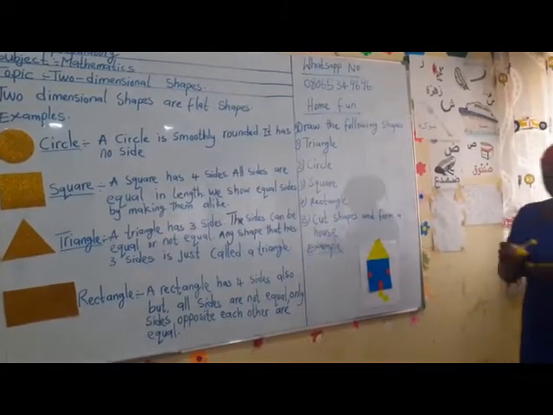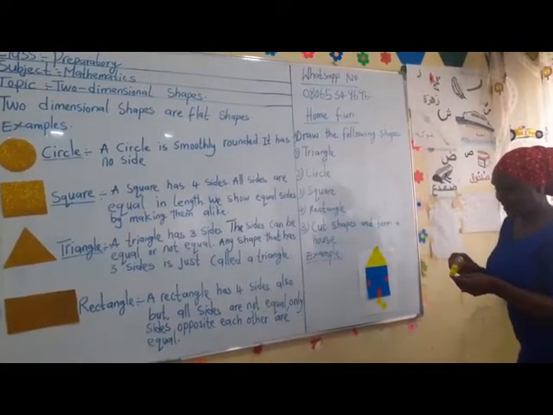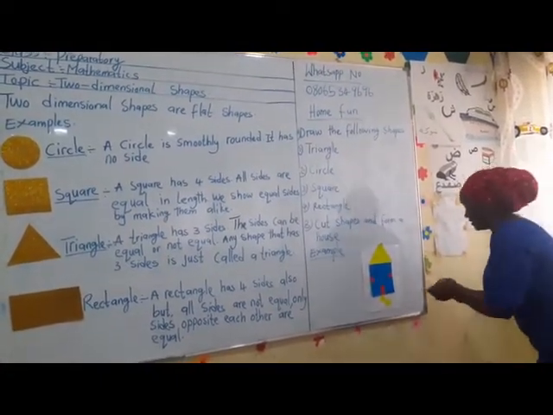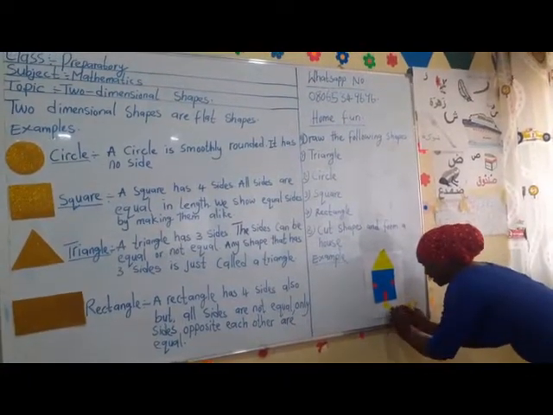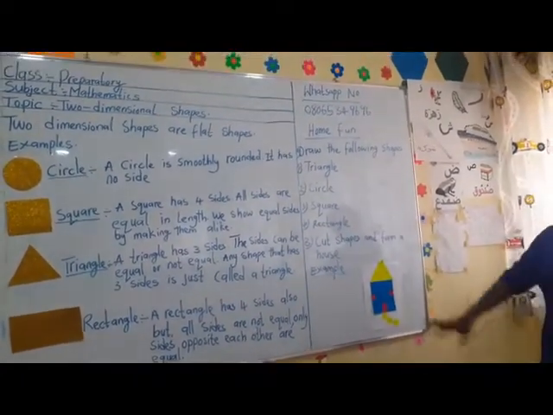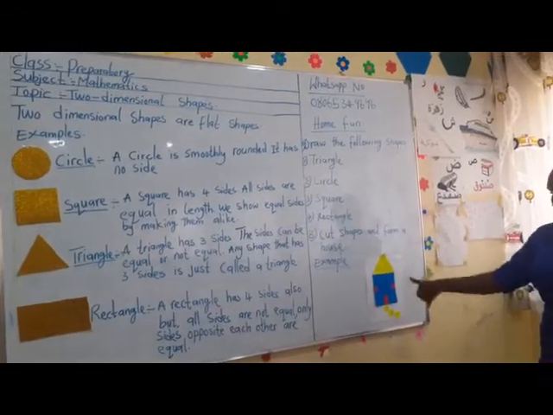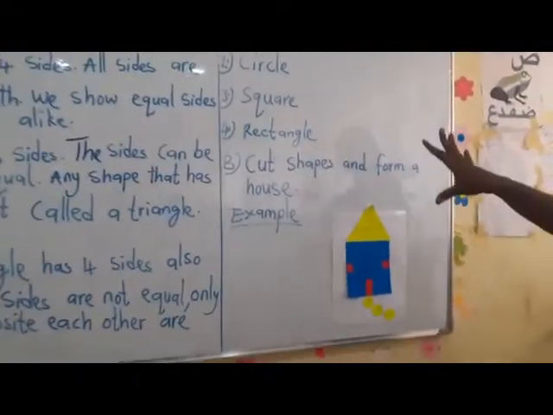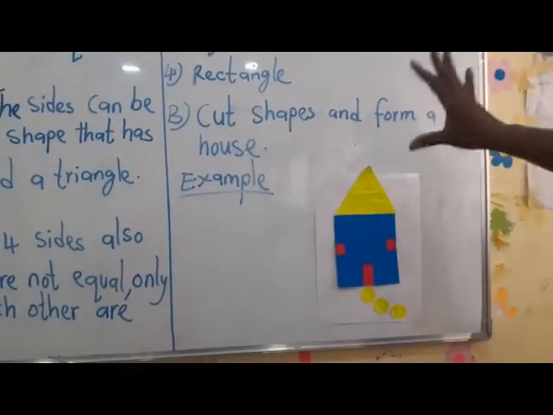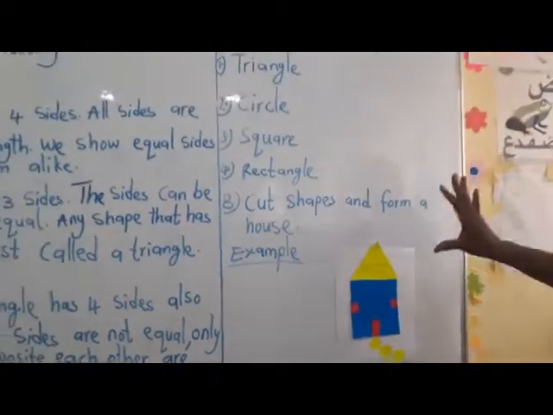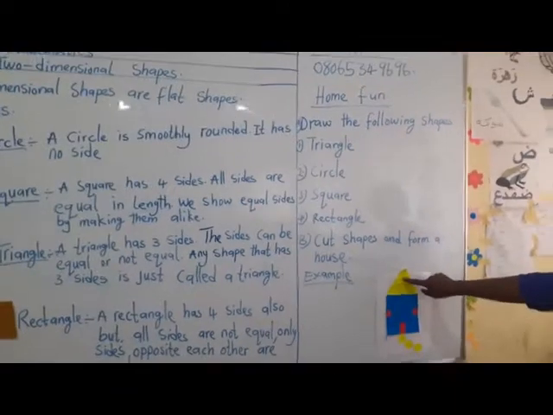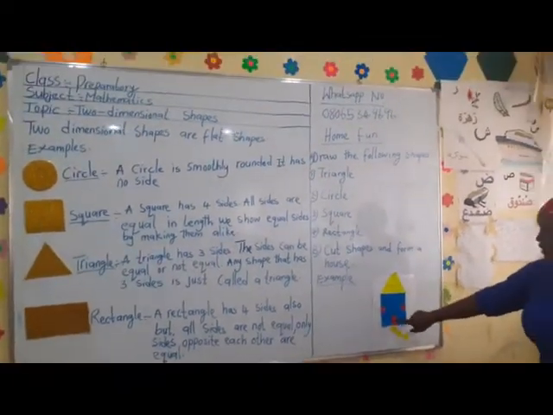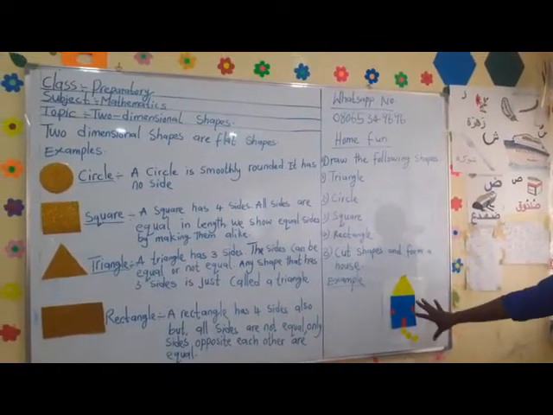Is it beautiful? Yes. Wow, I'm done. Does it look like a house? Yes, it looks like a house, a beautiful house. So this is how you are going to form your house using different shapes. We have the triangle, the square, the rectangle, and the circle. All the shapes are present here.